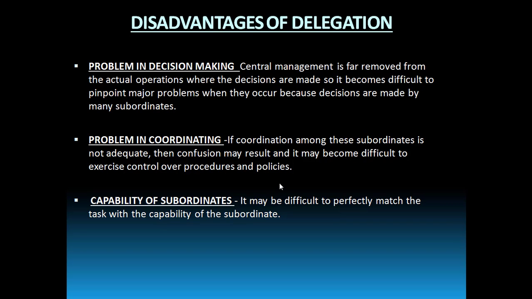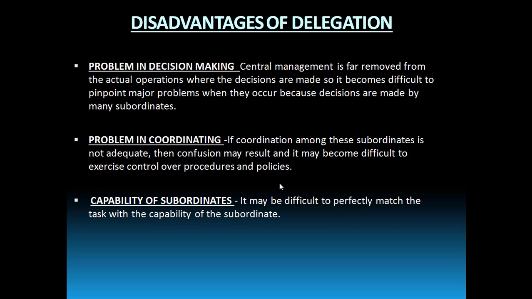Then the third one is capability of subordinates. Now, it is very difficult at times to perfectly match the task which is being assigned to the subordinate with the capability which he has. If the task assigned is not in synchronization with the capability he possesses, then if a subordinate is more capable and has got a task lesser than his capability, he will feel demotivated because the task is not up to his level.